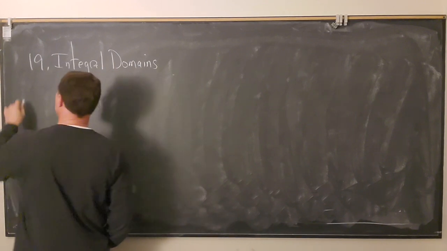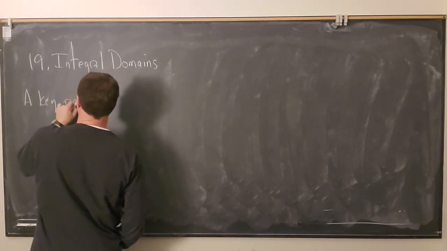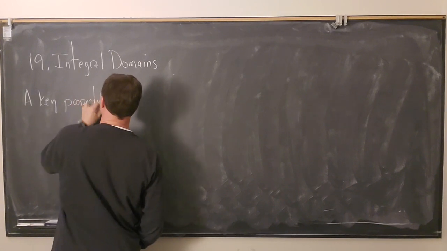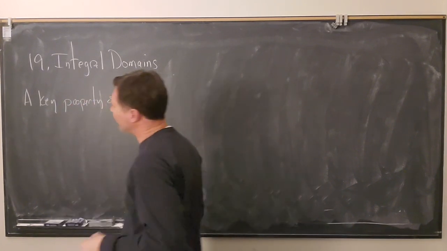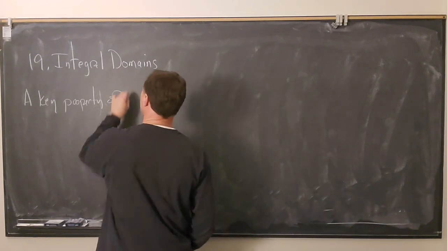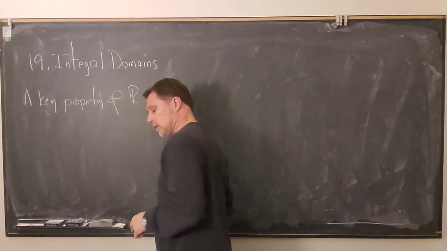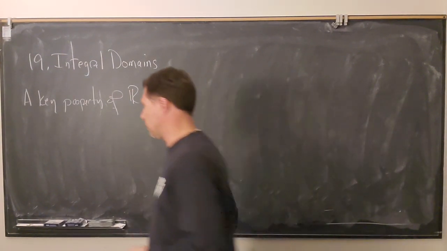So here's a key property. It's a key property of a lot of different places, but let's just look at the real numbers. A key property of R goes like this. Let's say that you have a couple of real numbers.